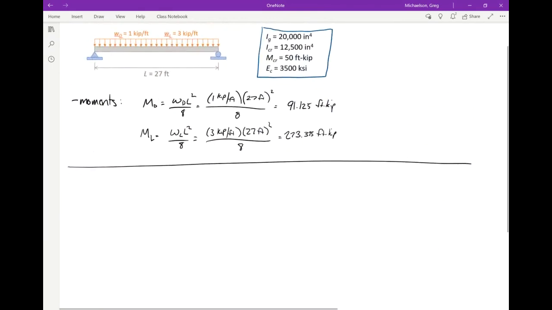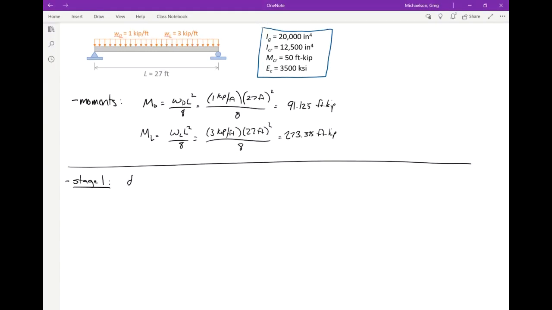Okay. So I want to refer to this in staged construction. So let's talk about stage one. Like any beam, the first load that the beam is going to experience is the dead load, like its own self weight. It's going to experience it first, and then the live load is going to go on top of that.